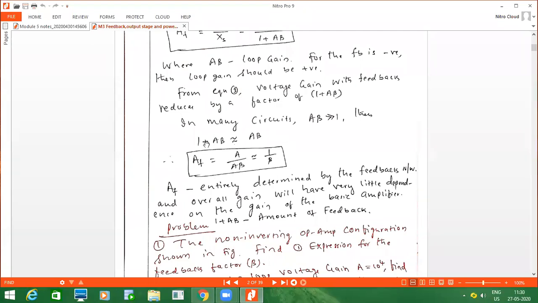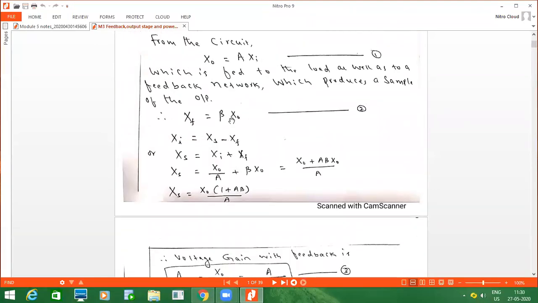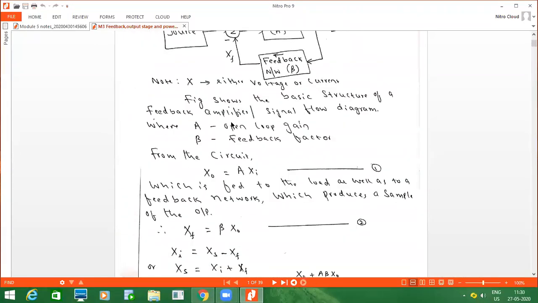So in this equation, the gain with feedback depends only upon the feedback factor beta, correct? So this is the conclusion: AF is equal to 1 divided by beta. This is one introduction part of your negative feedback amplifier circuitry.